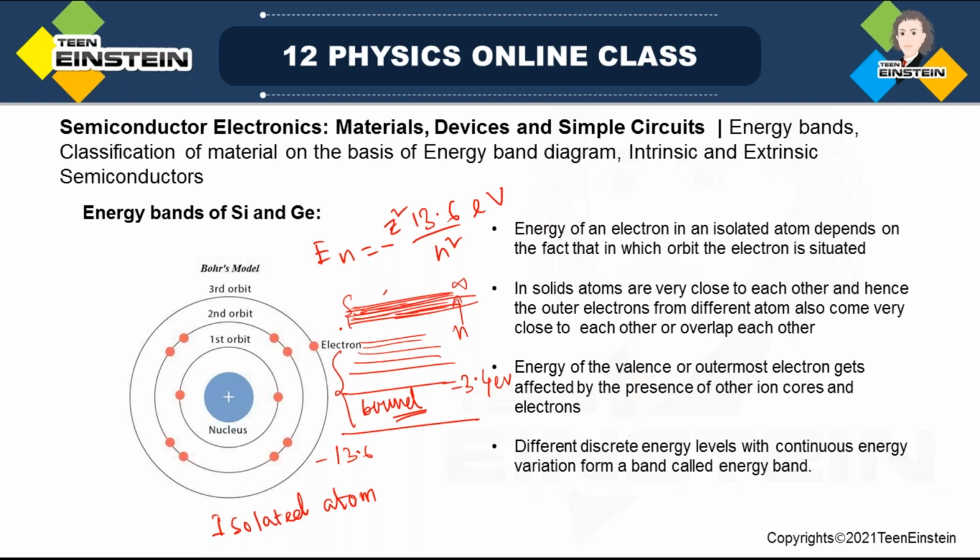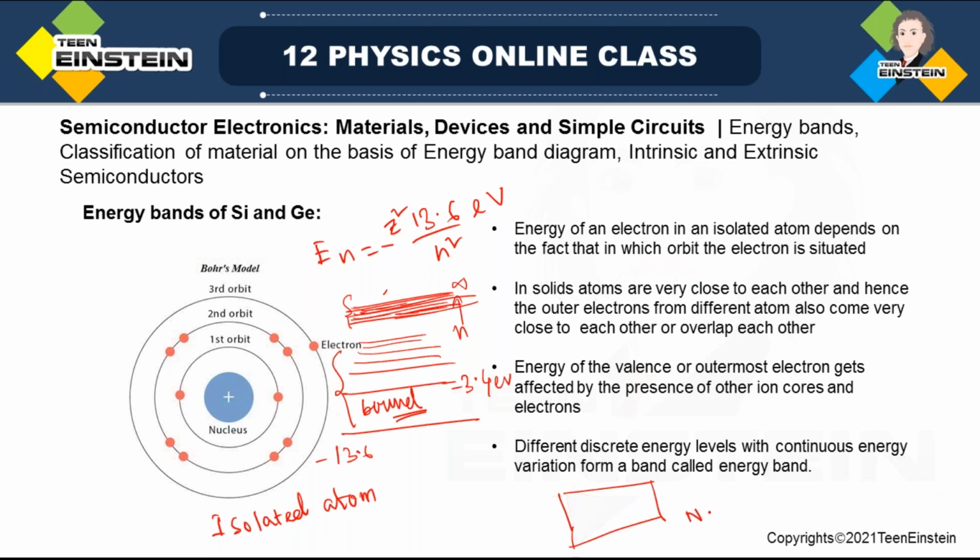Okay. So my point is that the energy of electrons in an isolated atom depends on which orbit they are situated in. But when we want to make a solid crystal, then we don't have a single atom.